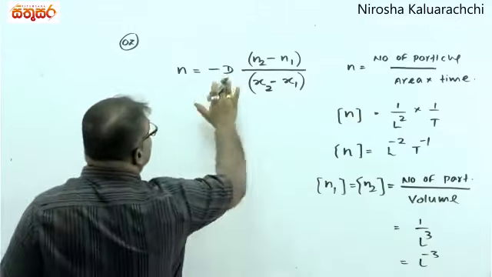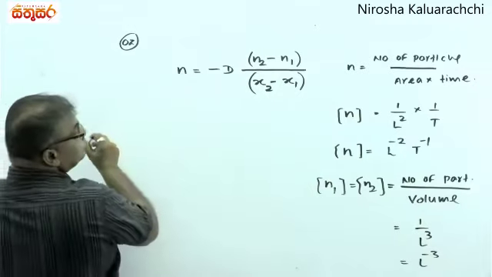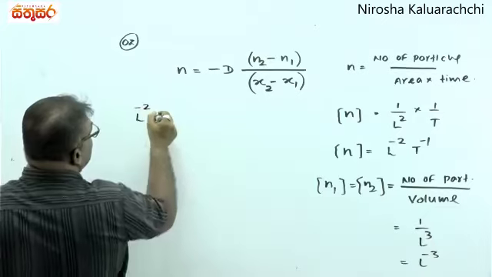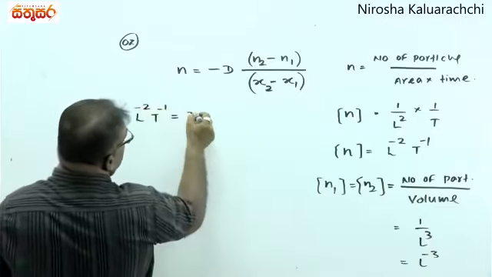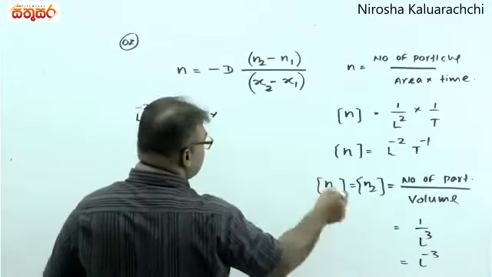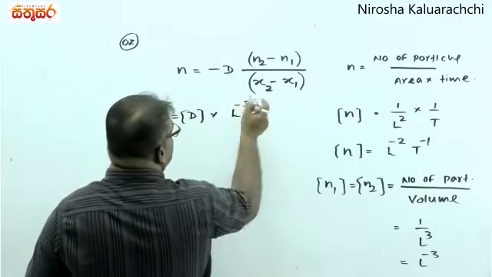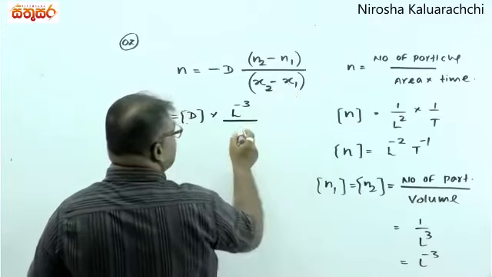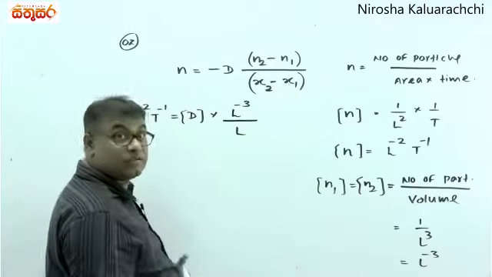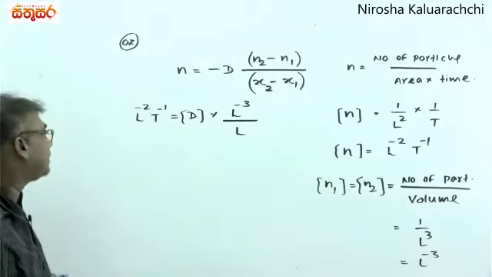D dimensions. Can we check? For n, we can substitute L^-2 T^-1. D is to be found. n2 minus n1 is L^-3, and x1 and x2 mean length, right?